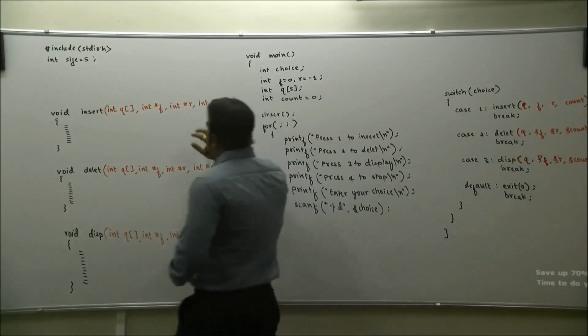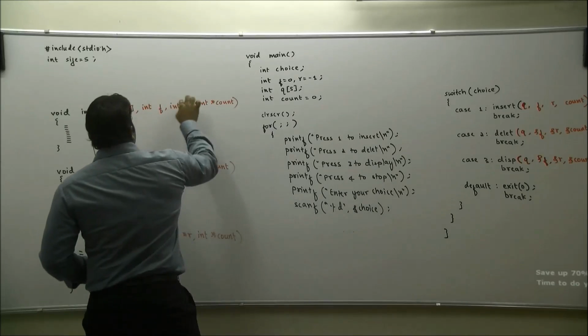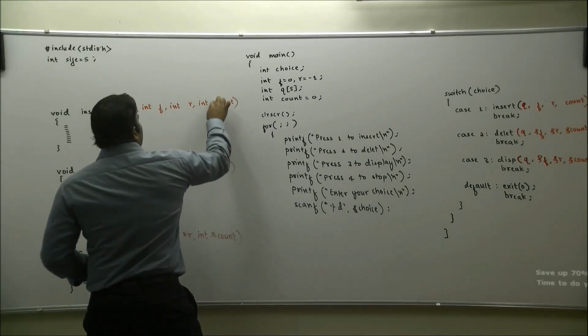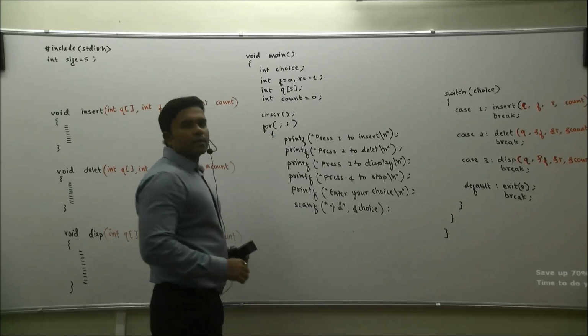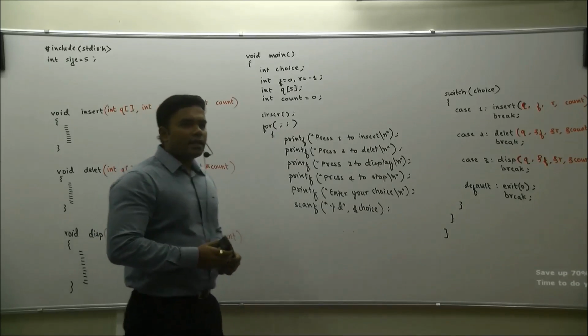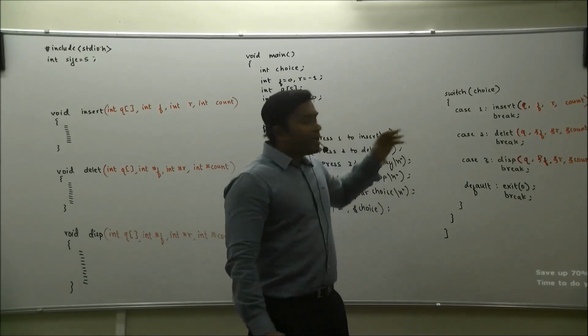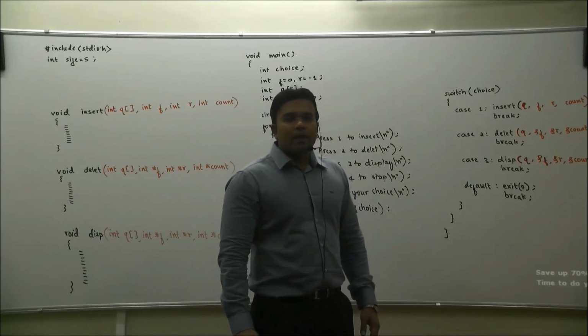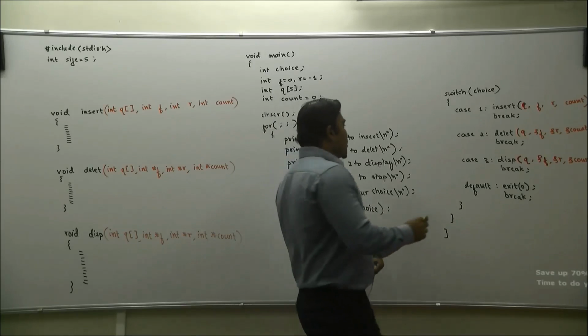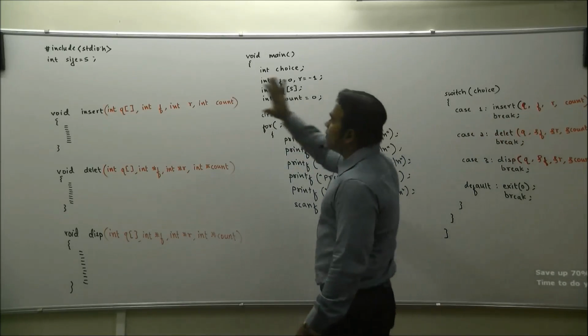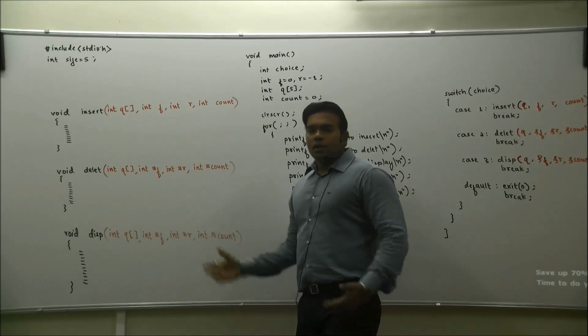So here, no need of pointers to collect it. Just I can collect it like this. So the point is, if in case I do it like this, the problem, this is only called as pass by value.